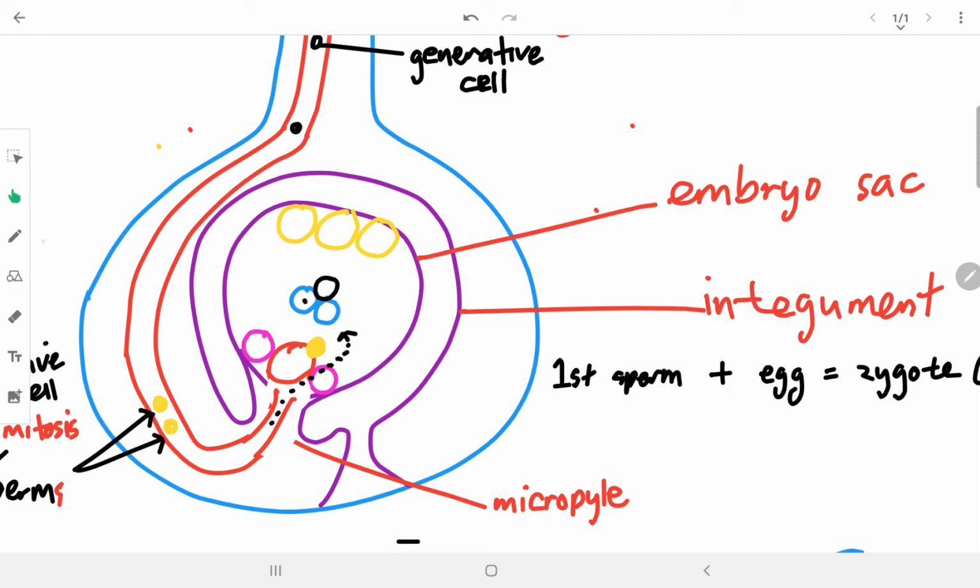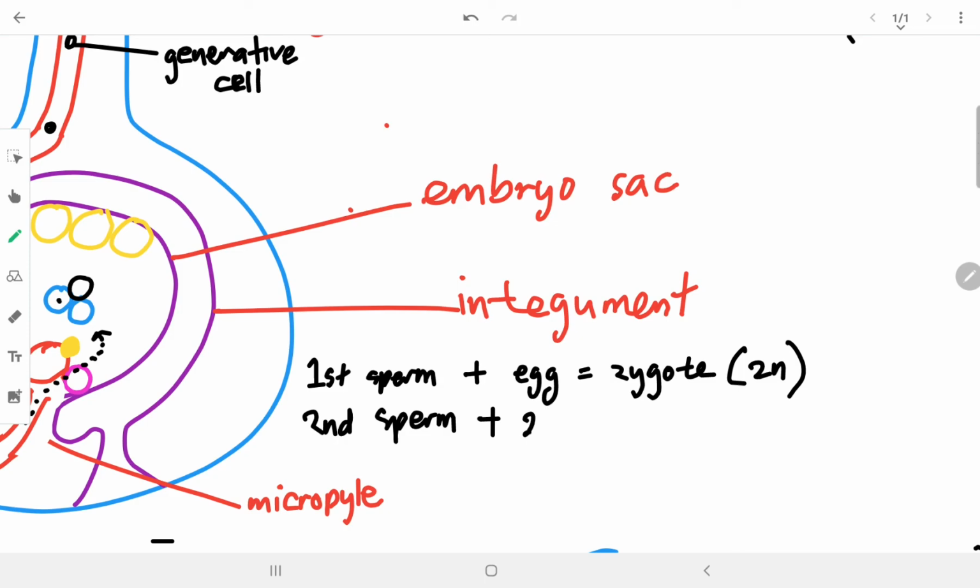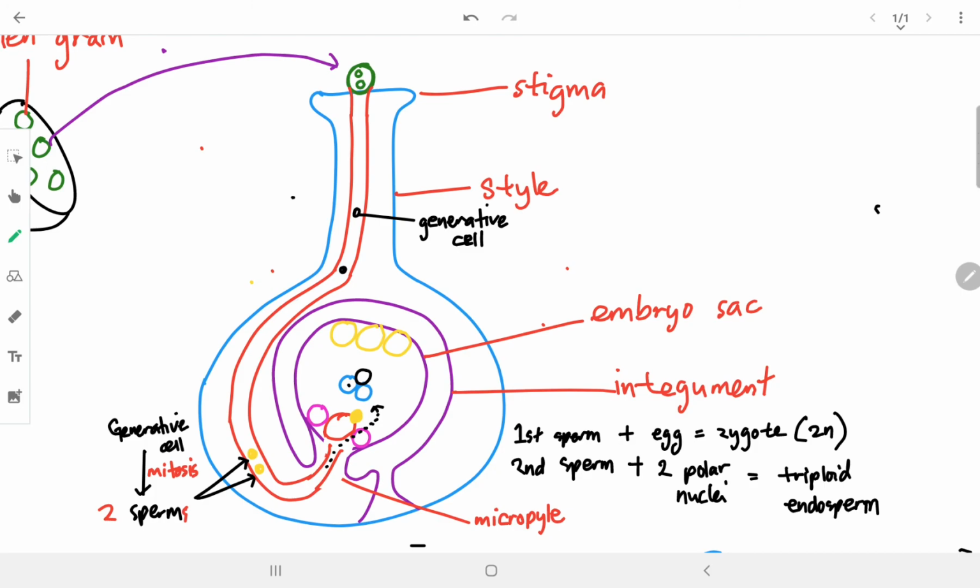So second sperm will fertilize the 2 polar nuclei to produce triploid endosperm. Okay, kamu tengok di sini ya.